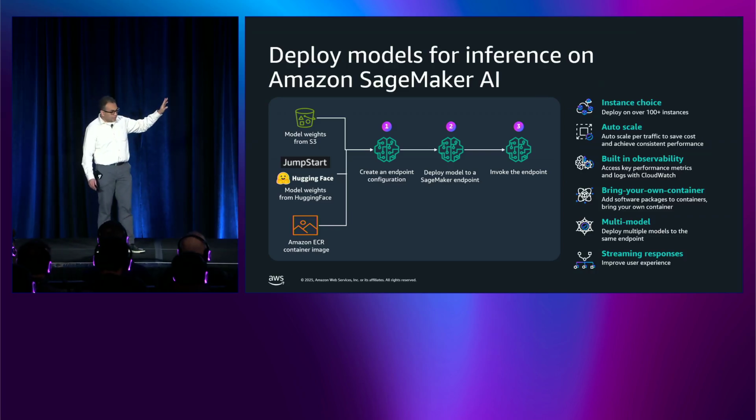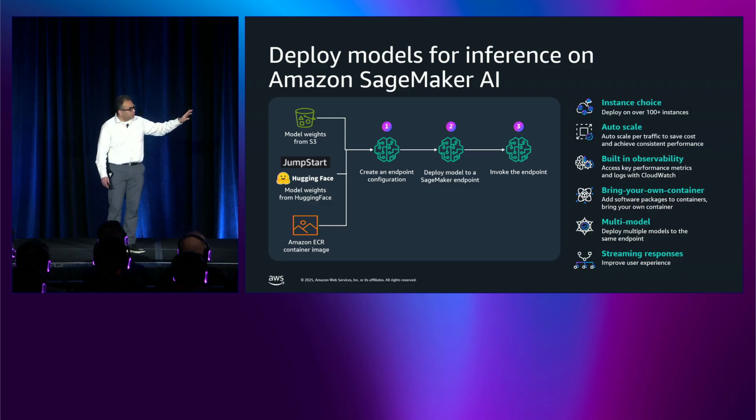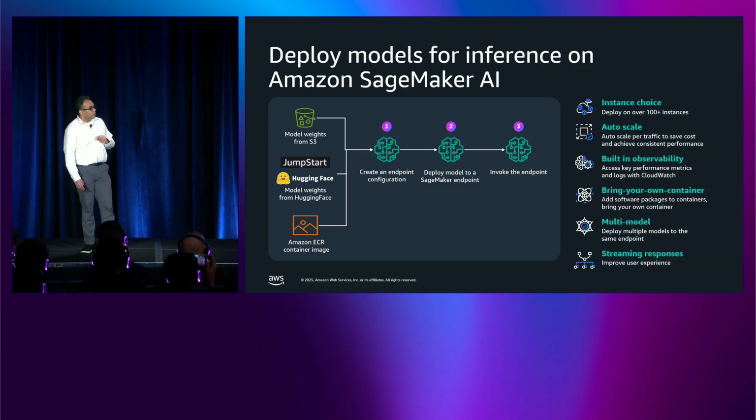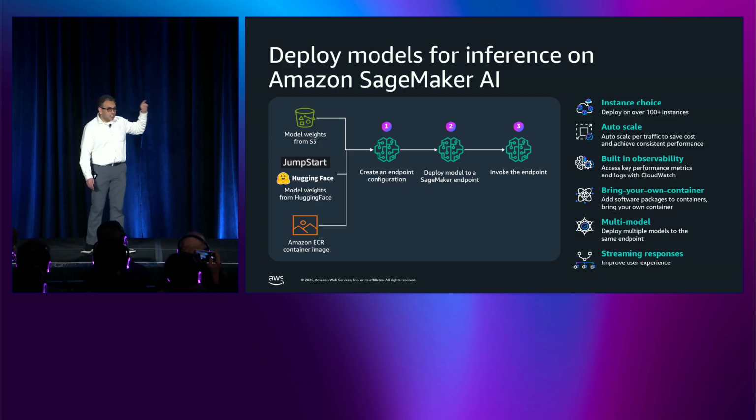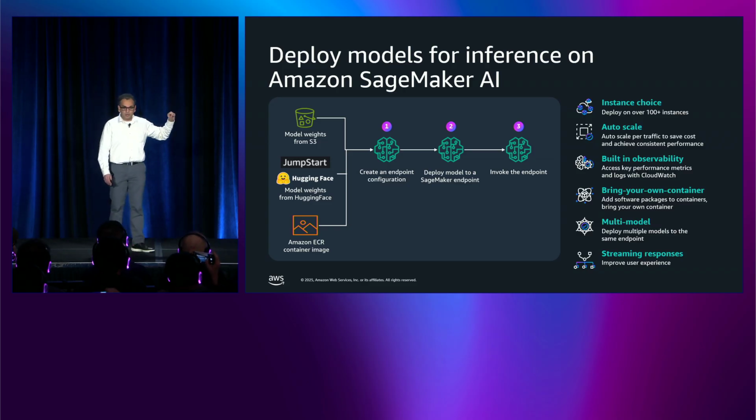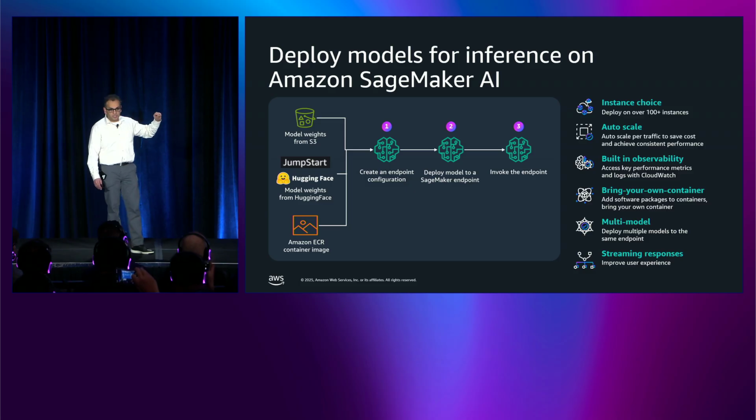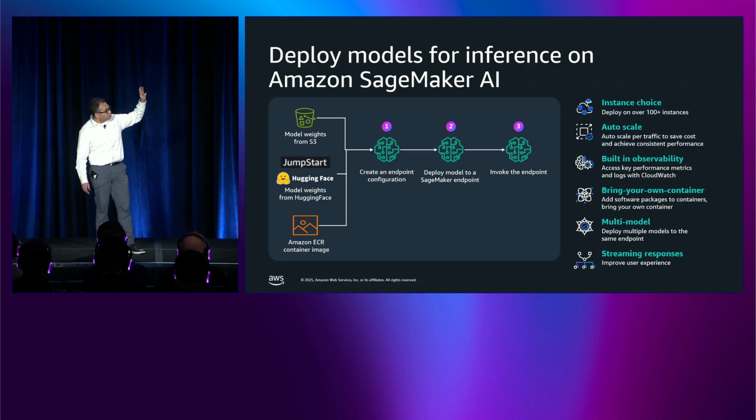Then you create an endpoint, you deploy the model at that endpoint, and you start invoking. That's simple. What do you get with it? You get instance choice. It can be a G series, it can be a P series, whatever series you need for your needs. You get your choice for weights. You get your choice for instances, auto scaling.